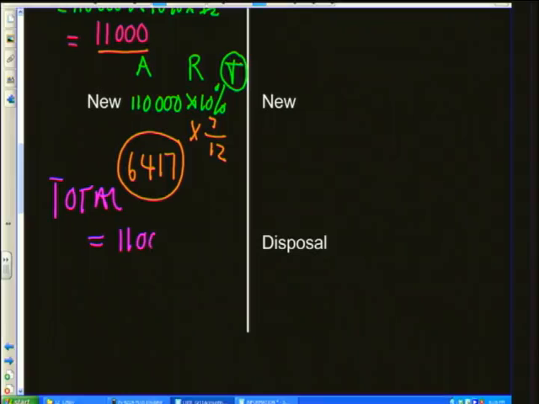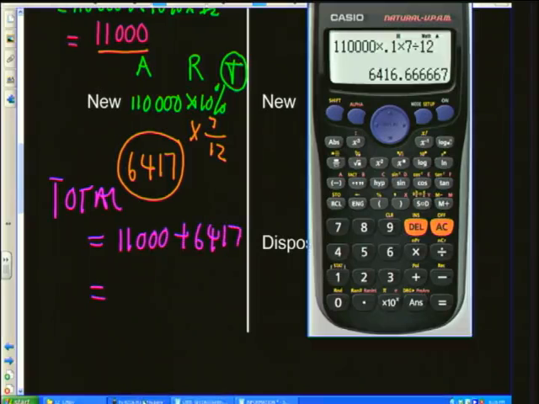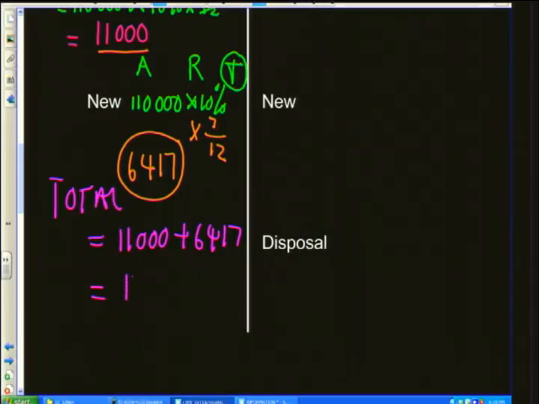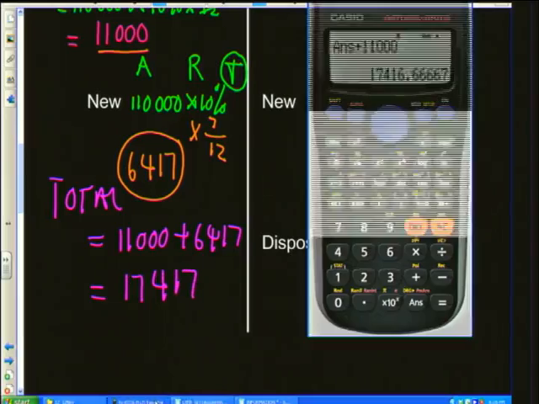So the 11,000 plus 6,417, and that's going to give me, let's again get the calculator out, so plus 11,000, and I'm still rounding up to the nearest rand, so that's giving me 17,417. Okay, just check that again.